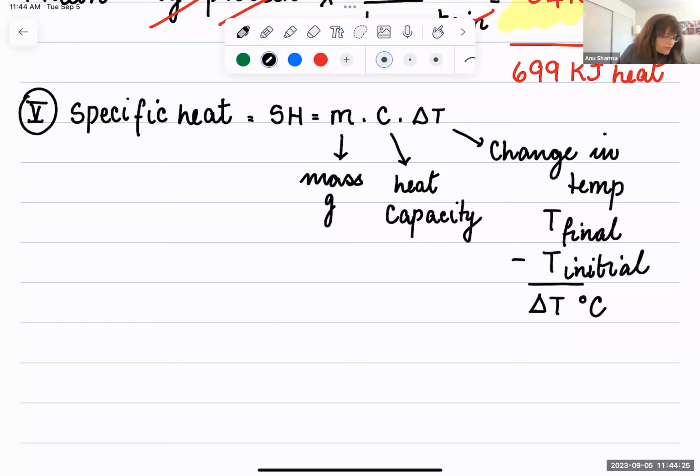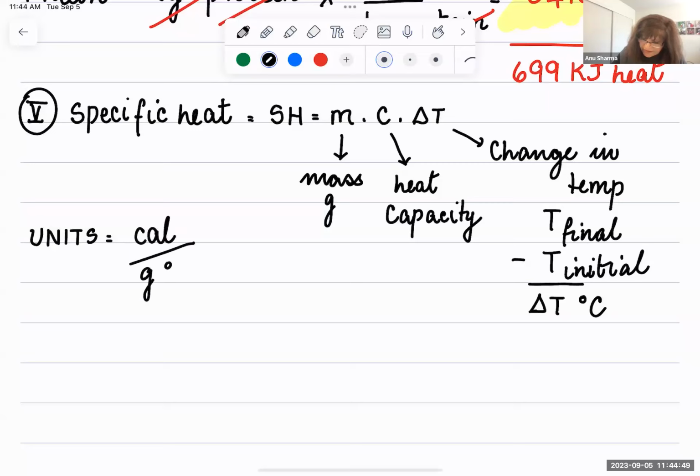So the units for specific heat are calories per gram degree Celsius.